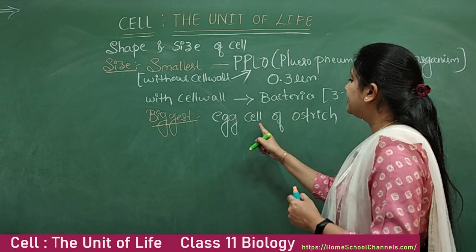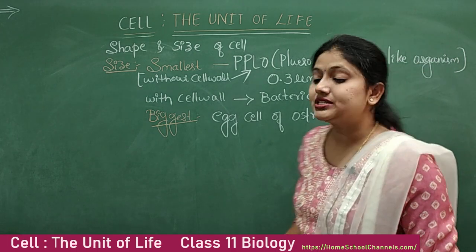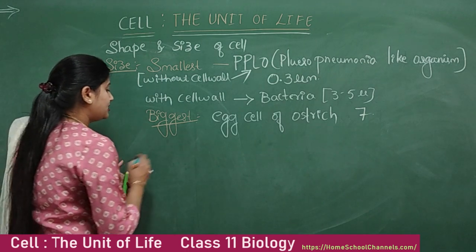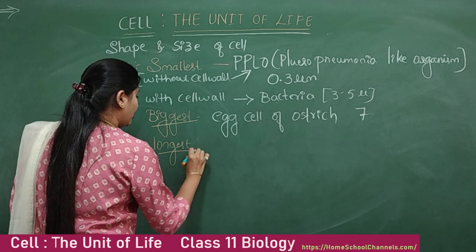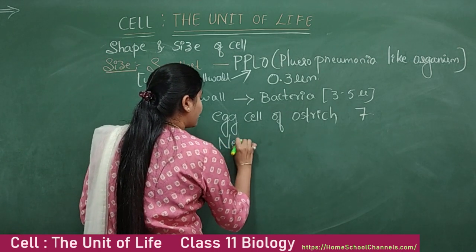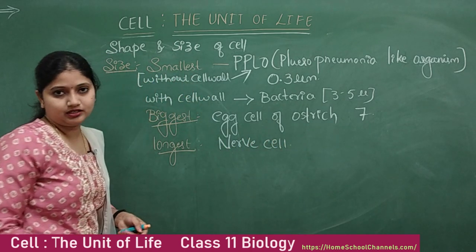Okay, the biggest cell is the egg cell of the ostrich, which is 7 microns in size. Then, which is the longest one? The longest cell is the nerve cell.